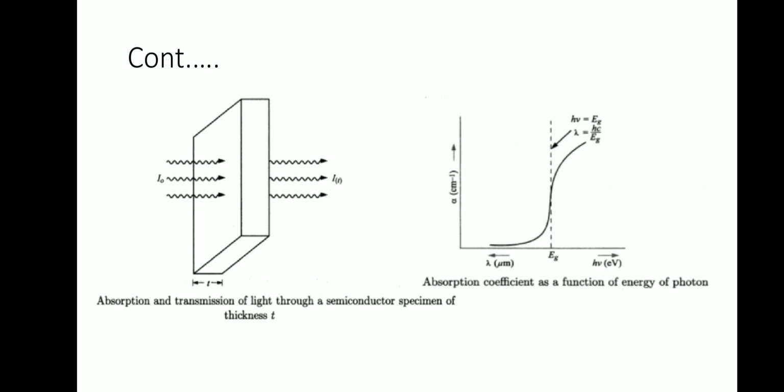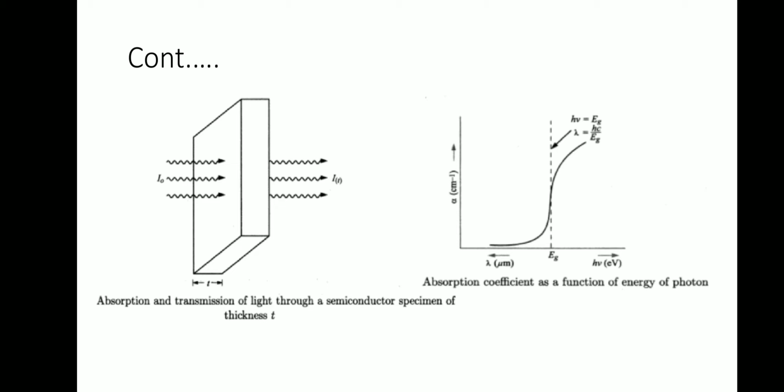So that excess energy is emitted in the form of heat, and then their velocity becomes the thermal velocity at that temperature. So we can say that when a photon with energy greater than the band gap energy is incident on a semiconductor, the electron in the valence band will accept that energy and move towards the conduction band, and after some time these conduction band electrons may come back to the valence band itself and emit the energy in the form of heat.